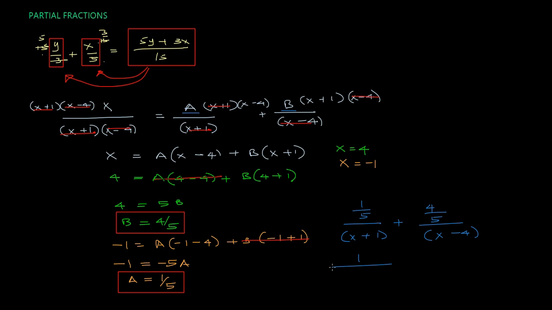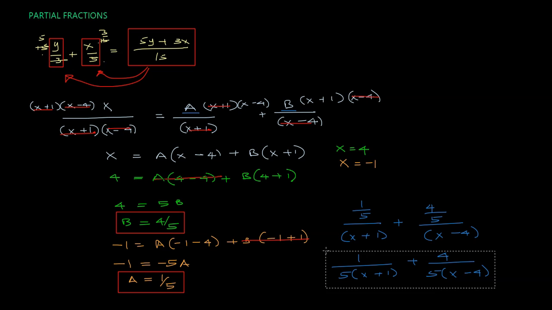Simplifying it, we have 1 over 5(x plus 1) plus 4 over 5(x minus 4). And this is our answer.